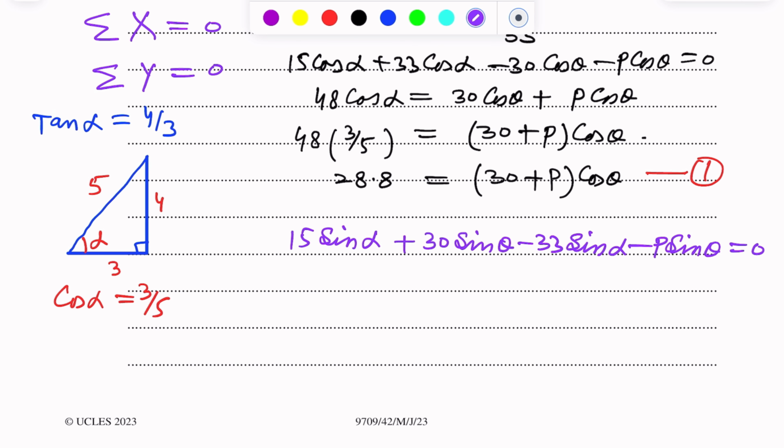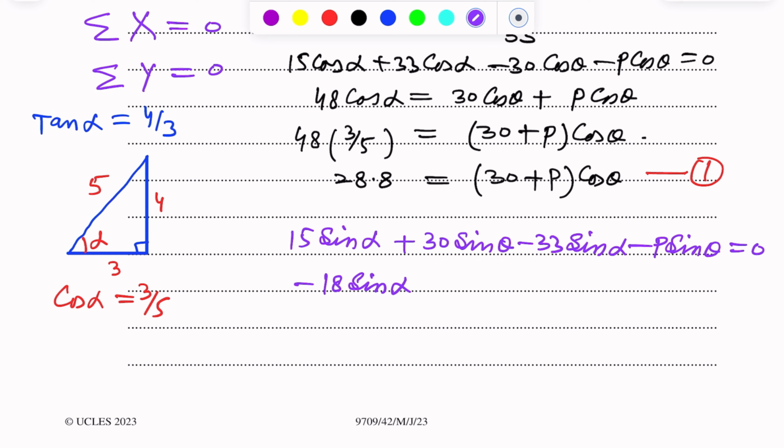Now we will add these two terms. 15 sin alpha minus 33 sin alpha, that is minus 18 sin alpha. We are taking common sin theta from these two terms.